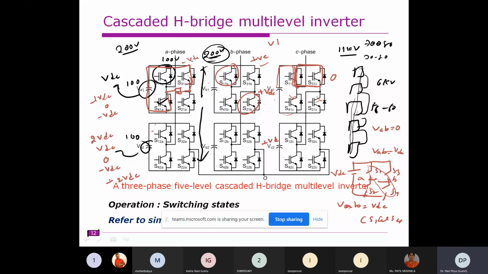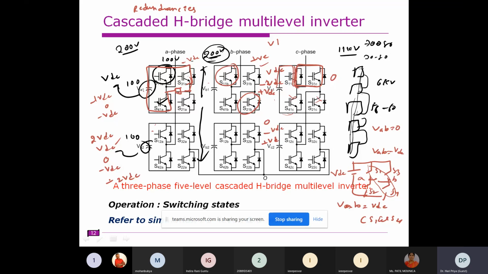If this bridge is generating minus VDC and this bridge is also generating minus VDC, you will get minus 2 VDC. If this bridge is generating VDC and the other is generating 0, you will get an output voltage of VDC. There are multiple combinations appearing in these cases. These are called redundancies. This is one of the advantages of this cascade hybrid multilevel inverter.